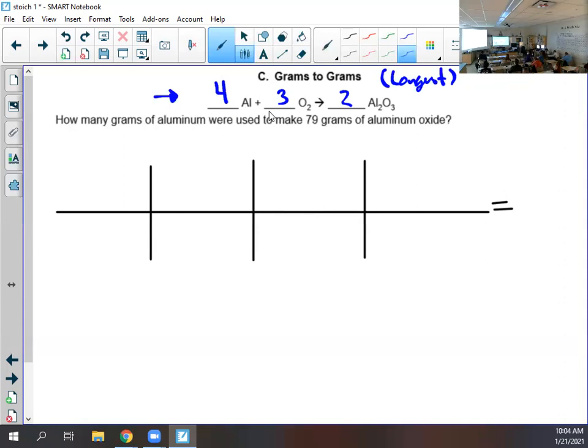This one, we're given grams of one thing and asked for grams of another. And in real life chemistry, this one is the most important one. If, like in a car, you have a steering wheel, don't judge my drawing skills, and there's an airbag in here. That airbag is full of a solid that when sparked produces a gas.